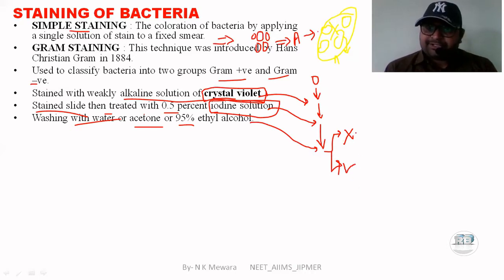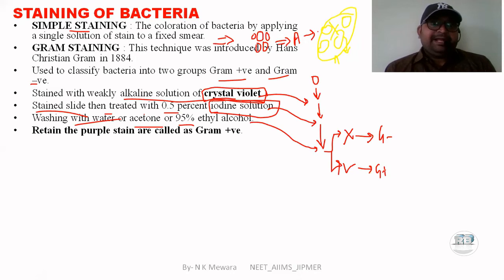When the coloration is cleared, it is called Gram negative, and when the coloration is retained and not cleared, it is Gram positive. Depending on the crystal violet stain, bacteria that retain the purple stain are called Gram positive.